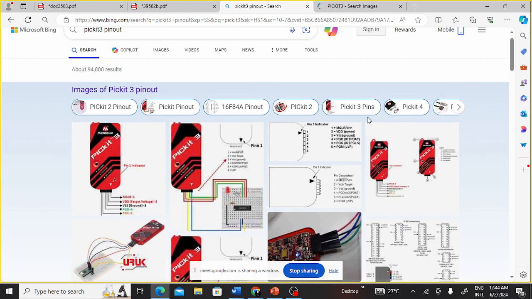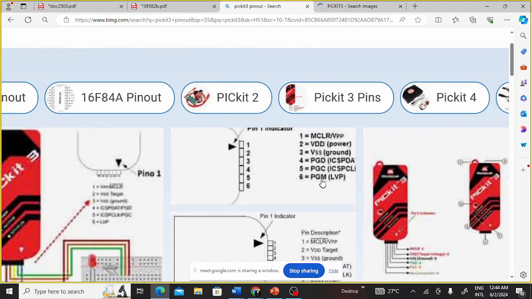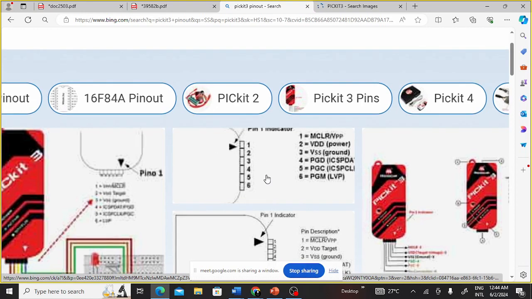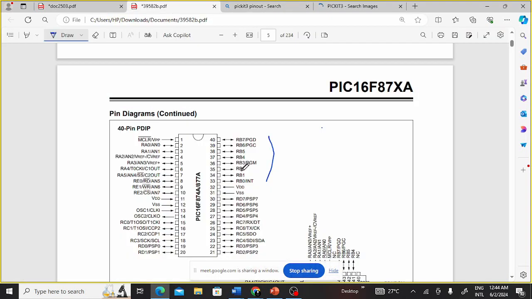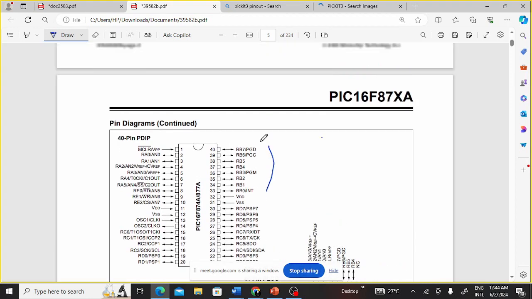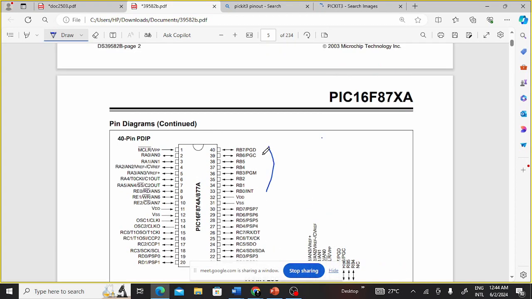Can you see that you see PGM, PGC and PGD? Can you see? PGM, PGC and PGD. These are the pins that come out of your PICkit 3, the programmer. You understand? So they go into these pins for programming. And it is the data, the clock, and the mode. So those are the 3 pins.